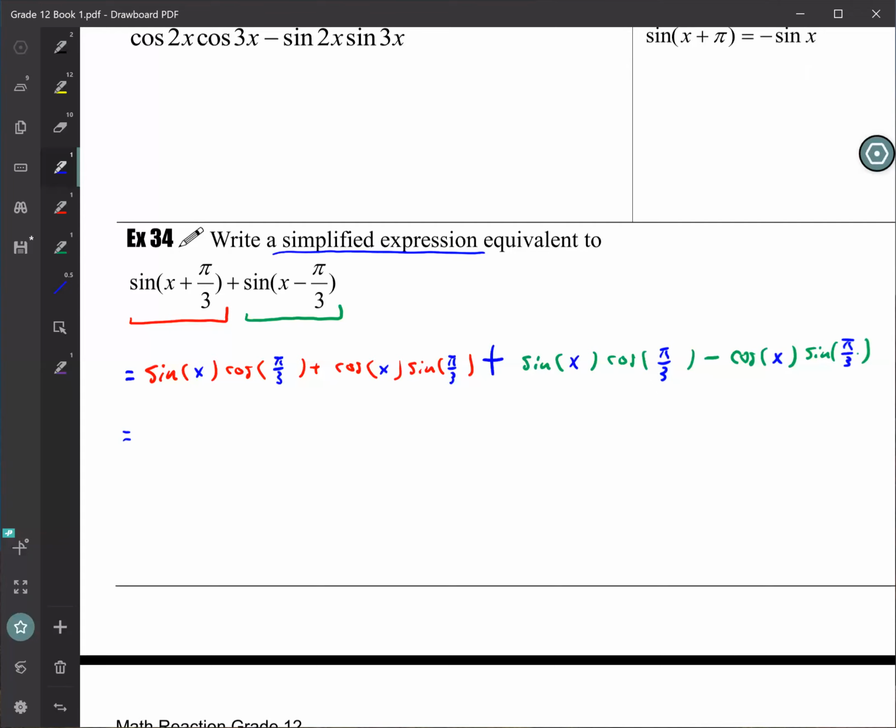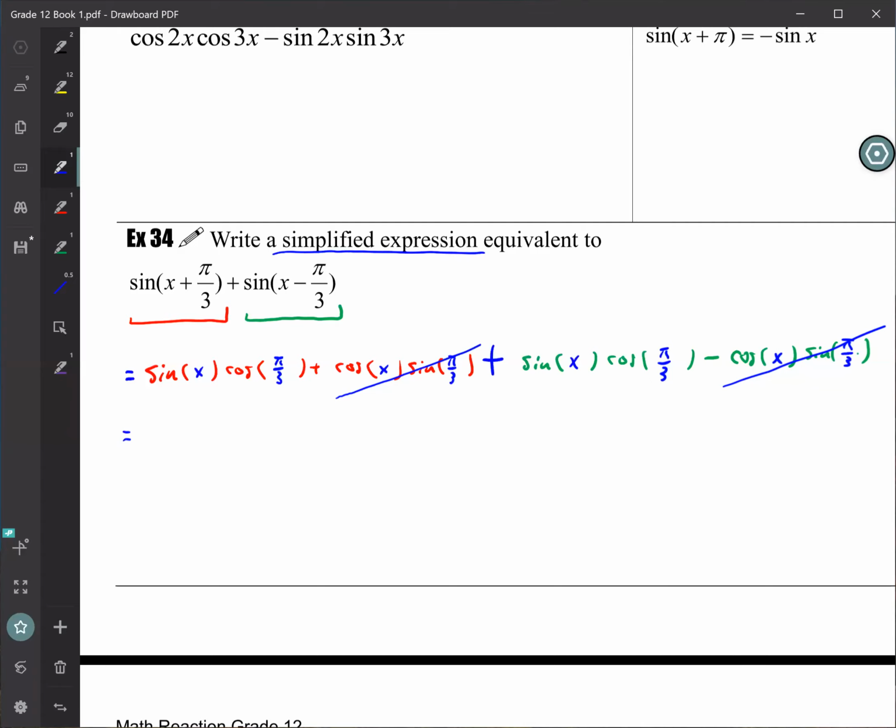So you have a positive cosine x sine pi over 3. It's going to subtract with the same one. So those two are gone, right? So you won't see that unless you apply sine cosine, right? So you expand it, then you see, okay, they are opposite, so they are gone.